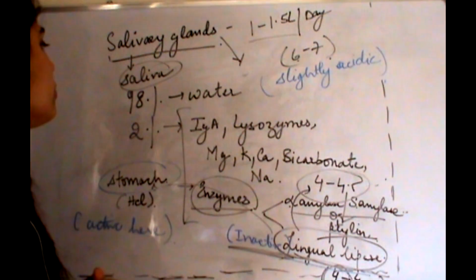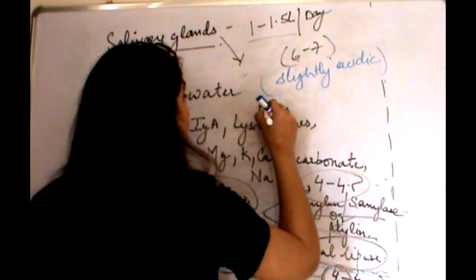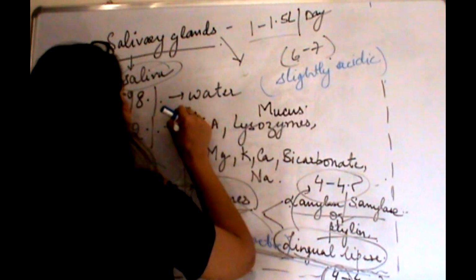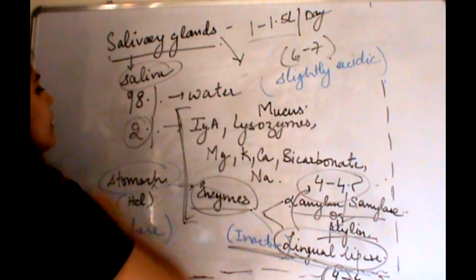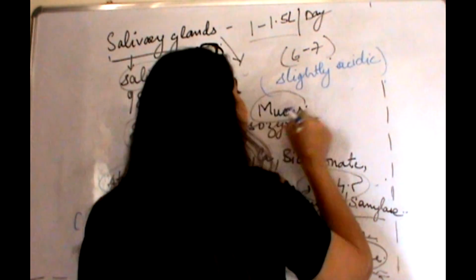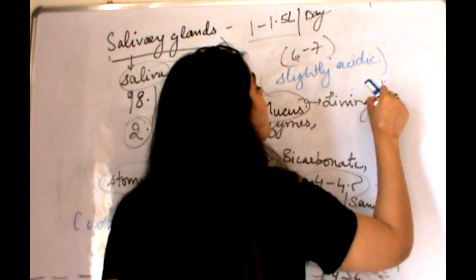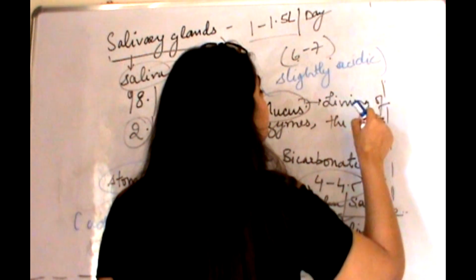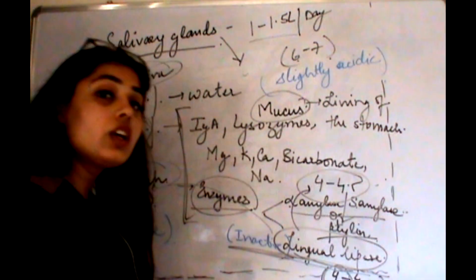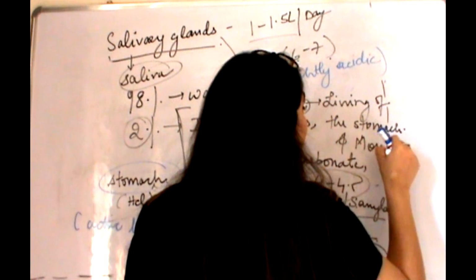Now let's talk about one more component which I forgot to mention, that is mucus. Mucus also forms part of the 2% of the saliva. So what is the function of mucus? Mucus forms the lining of the stomach and mouth.